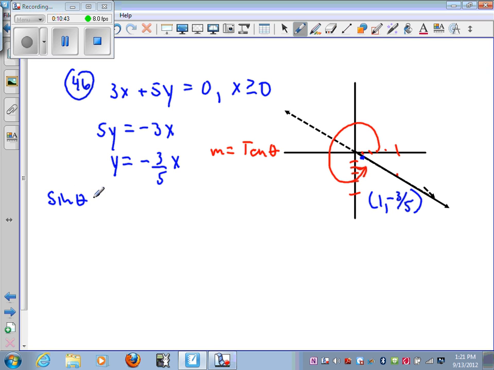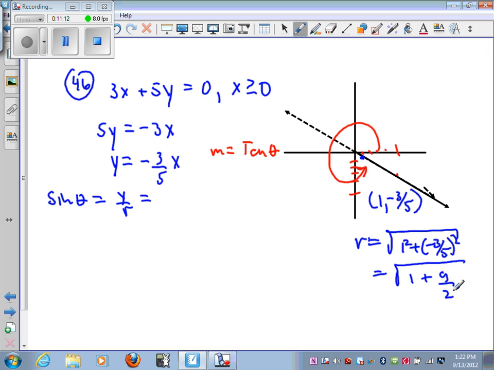Sine is going to be y over r, and r is going to be the square root of 1 squared plus -3/5 squared. Square root 1 plus 9/25. And this is 25 over 25, because I got to get a common denominator.